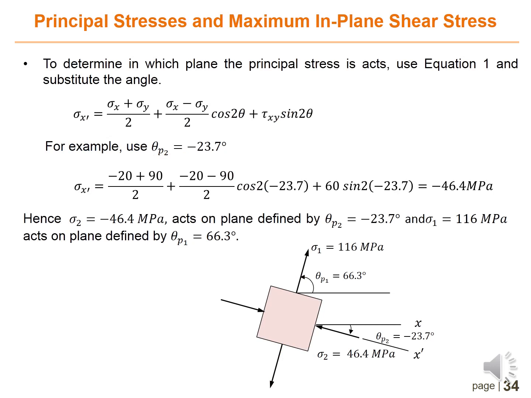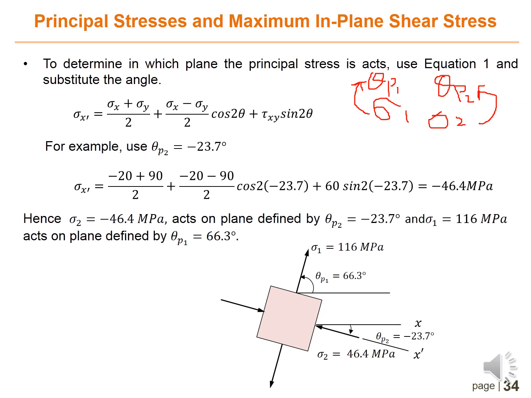In the previous slide you already defined theta p1 and theta p2, and sigma 1 and sigma 2. Now you cannot simply say that sigma 1 is acting on the plane having theta p1, and you also cannot simply say that sigma 2 is acting on the plane having theta p2.